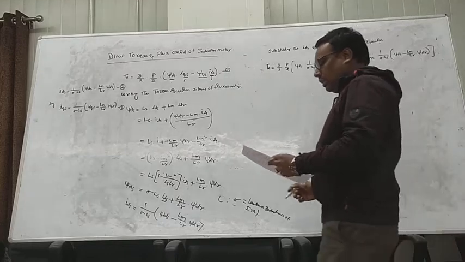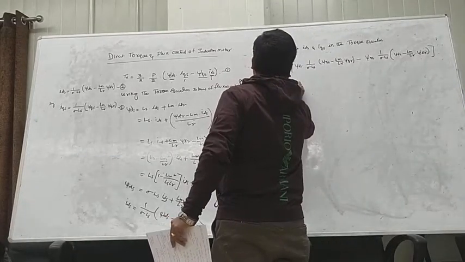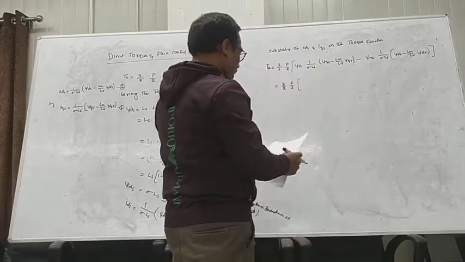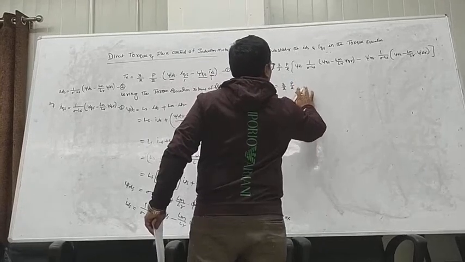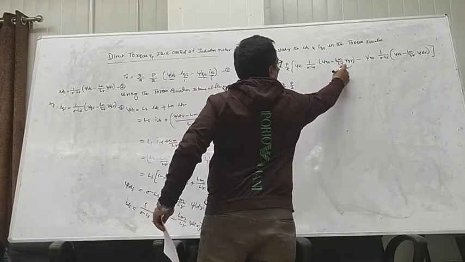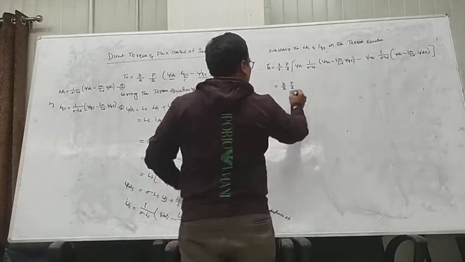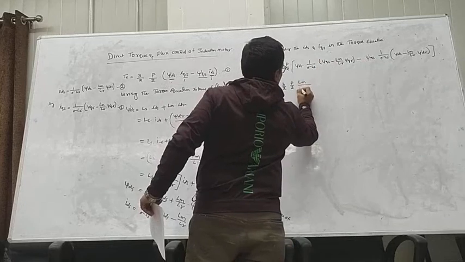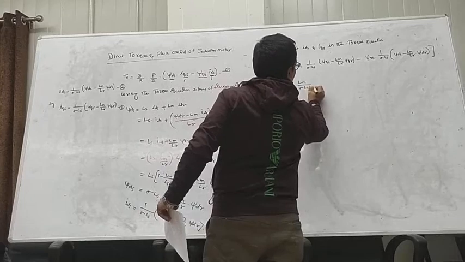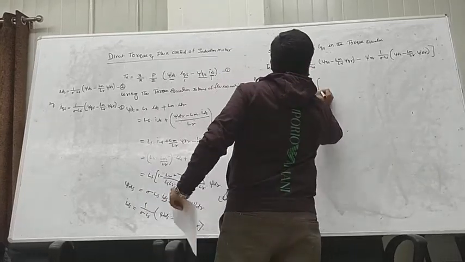So now, further simplifying the torque equation, 3 by 2 into P by 2. Now you may take some common terms here: Lm by Lr and Lm by sigma Ls into Lr is common.